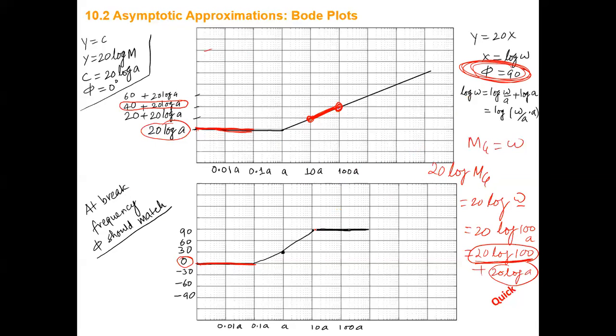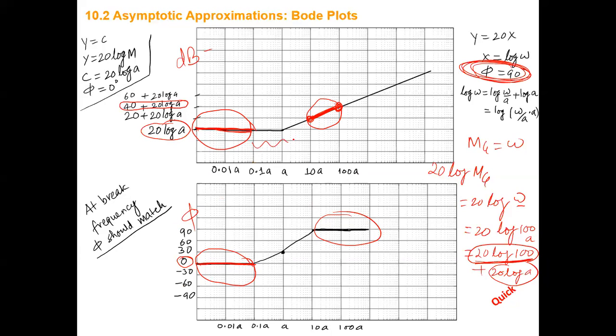Angle is 90, right? This angle is 90. So at the higher frequency, your Bode plot looks like this. At the lower frequency, your Bode plot looks like this. This is for the magnitude, this is for the phase.